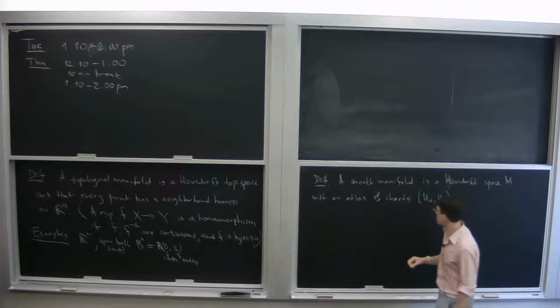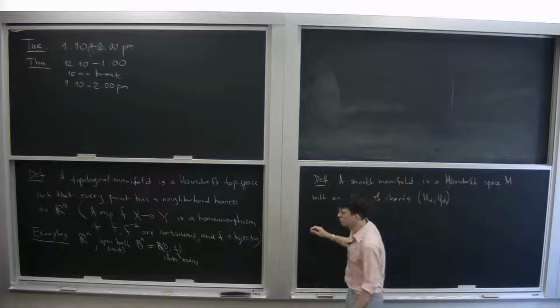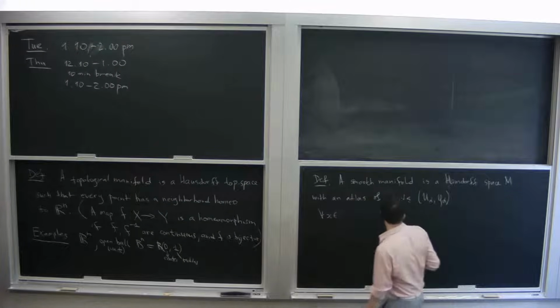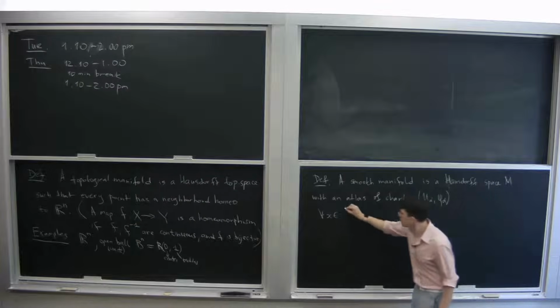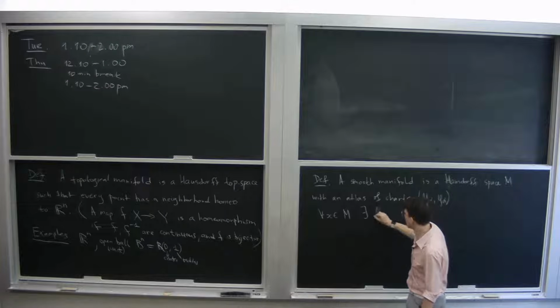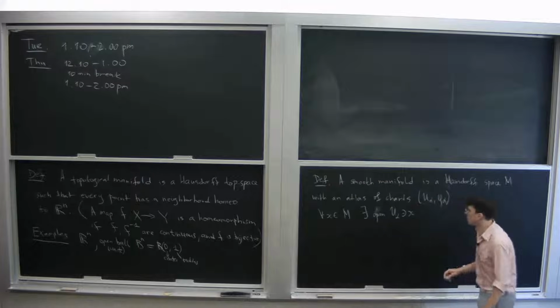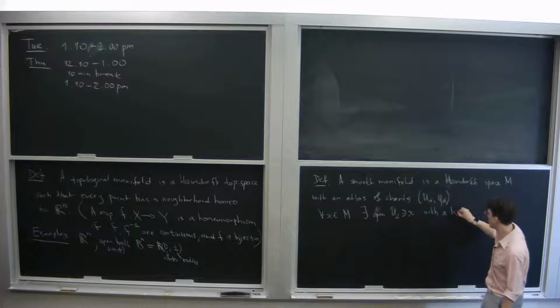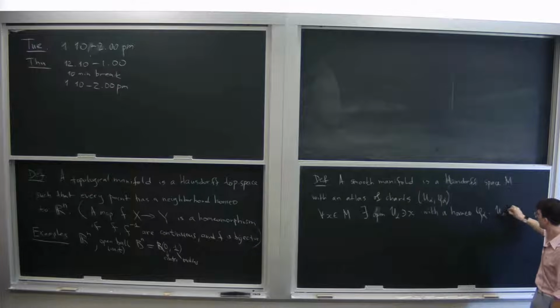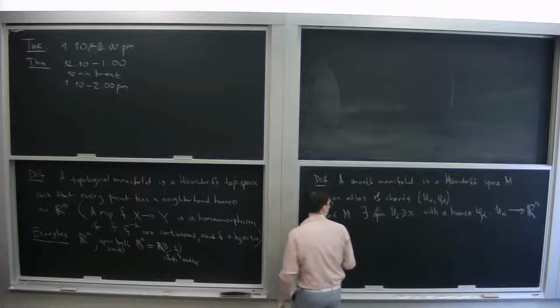What does it mean? It means that for every point x in our space M, there exists an open U alpha containing x with a homeomorphism phi alpha from U alpha to Rn.